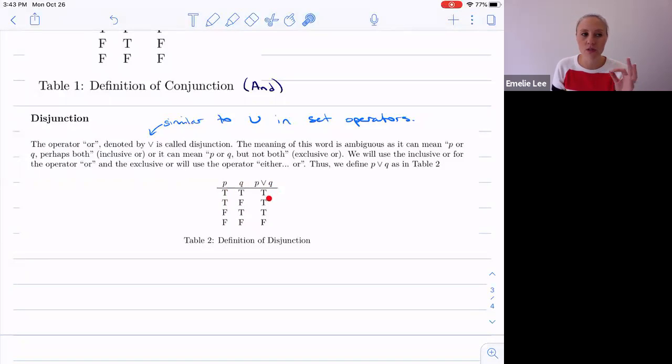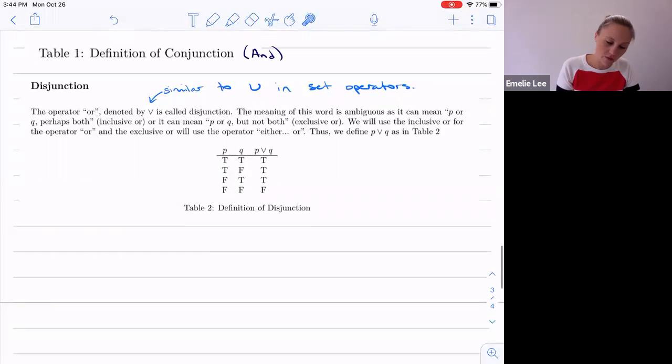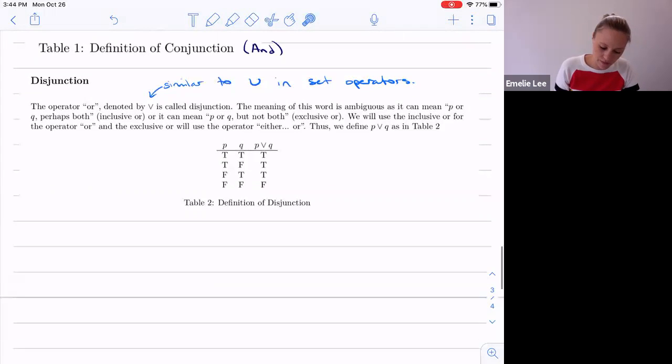As long as one of those is true, or both are allowed to be true, then we get a true result. True, true makes a true. True or false makes a true. False or true makes a true, and the only time you get a false is if you have two false statements. False or false makes a false.